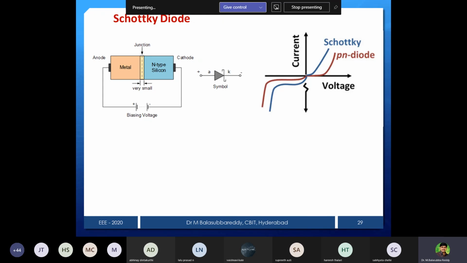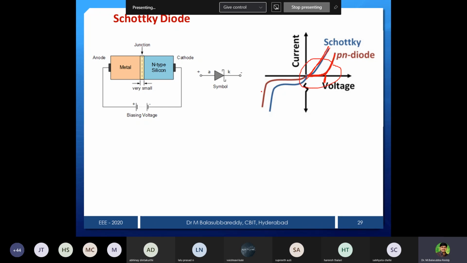That's why, when you compare the characteristics of the Schottky diode and the PN diode, we require some voltage to break the junction, about 0.6 or 0.7 volts. To trigger it, we require some voltage because of that junction. If you remove the junction, it automatically starts conducting, very sharply. This is the difference between these two.